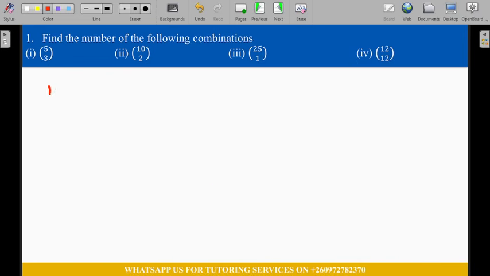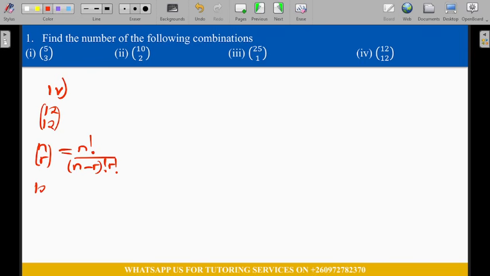Now moving to part 4, we have to evaluate 12 combine 12. For this one, we use the same general formula, where n combine r is equal to n factorial over n minus r factorial, r factorial.